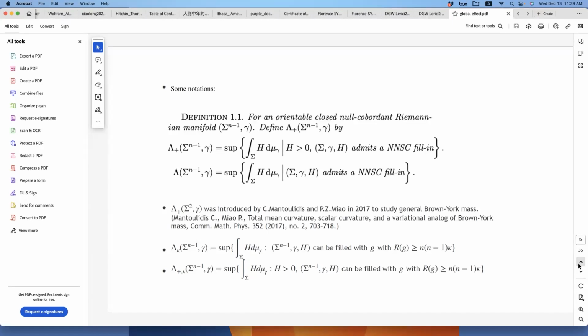Actually, for the surface case, this quantity was introduced by Mantoulidis and Schoen about 6 years ago, and they used it to study the general Bartnik mass. And we just generalize this to the higher dimensional case.